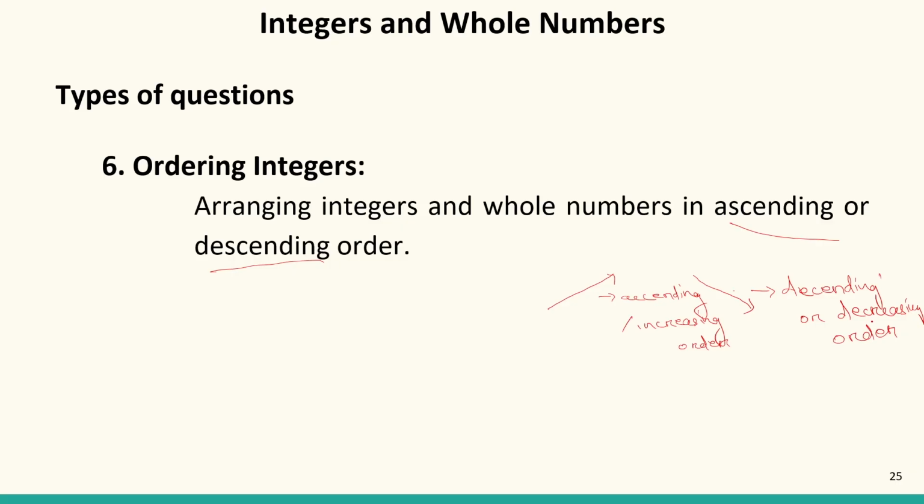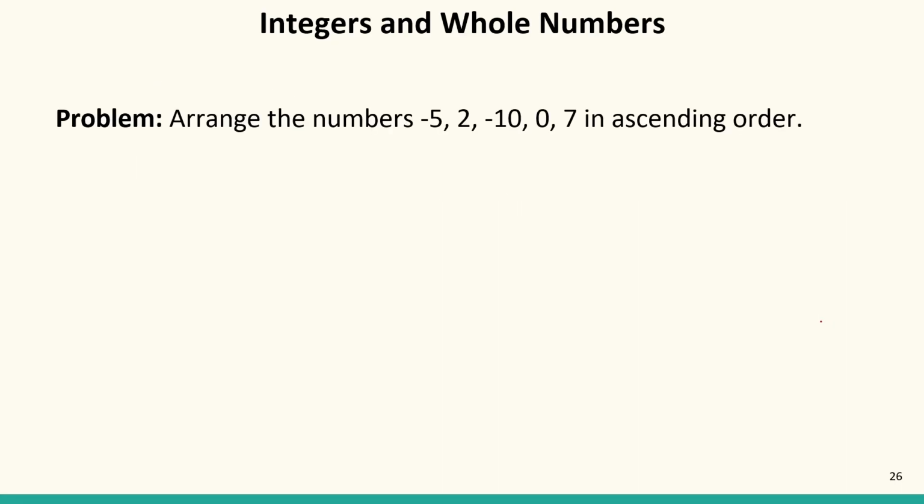So let's see an example problem on this. The problem asks us to arrange the numbers in ascending order. You need to focus on these terms. Ascending, what does it mean? Increasing.